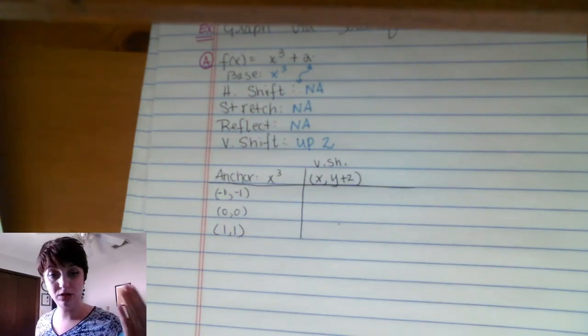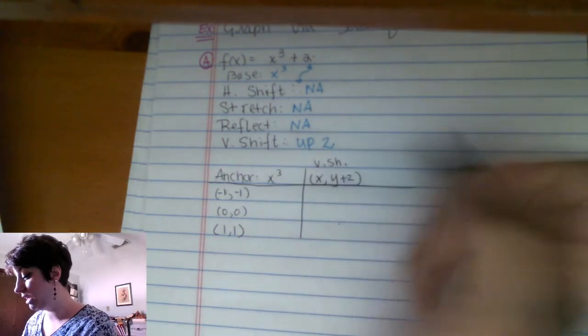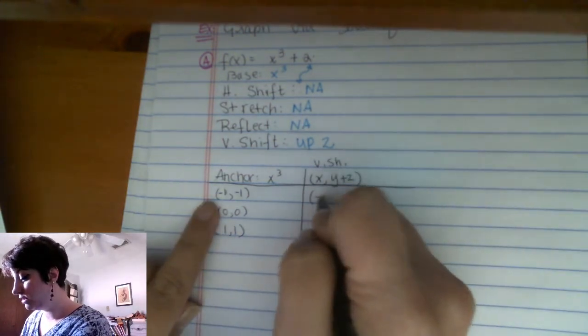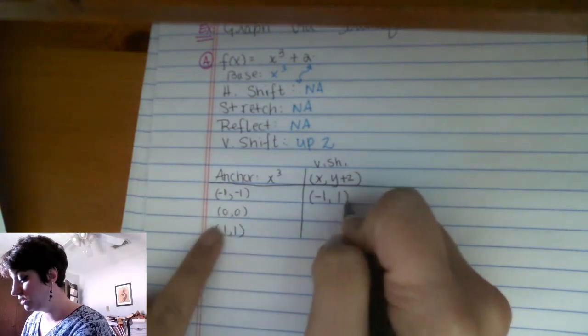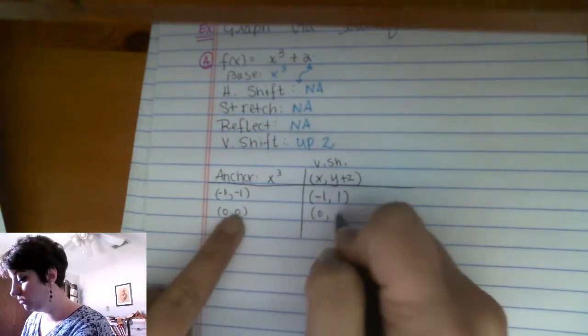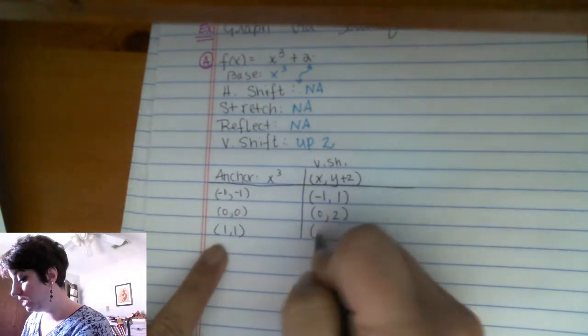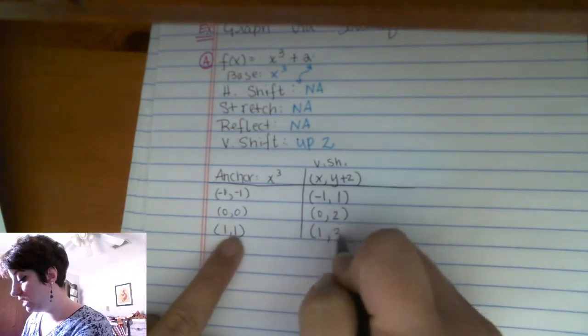Because it's on the outside, so you change the y values. X stays the same, y add 2.